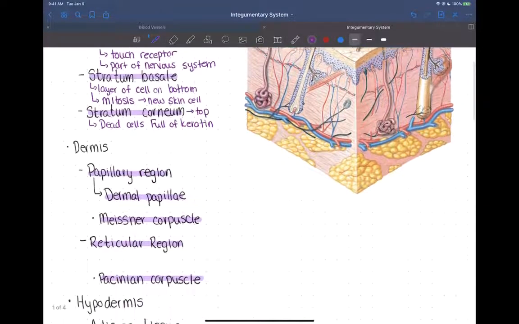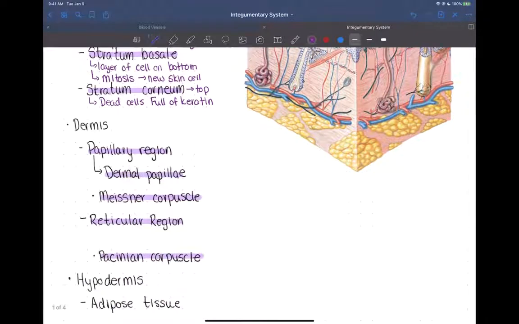It sits directly under the epidermis. The first part of the dermis is called the papillary region. The papillary region is kind of the top 1/5 of the dermis.